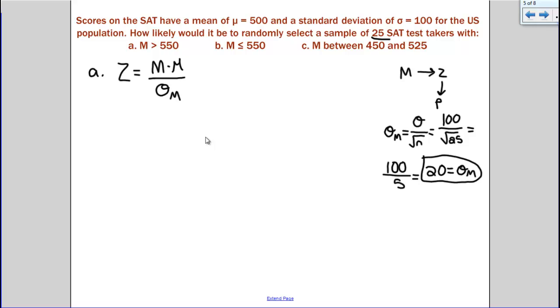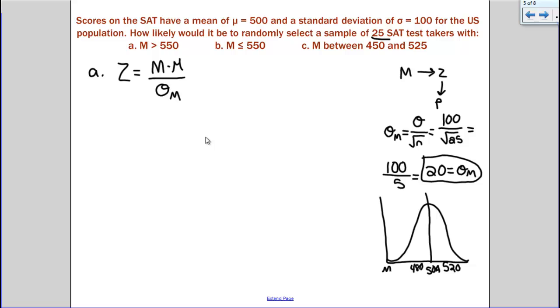So on average, we would expect that any sample mean of 25 SAT test takers would be about 20 points away from the population mean of 500. So we would expect, if we draw our sampling distribution, like you saw before, anywhere between 480 and 520 would be our sample mean.